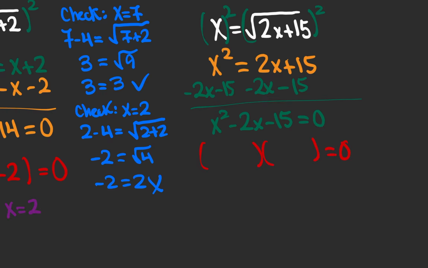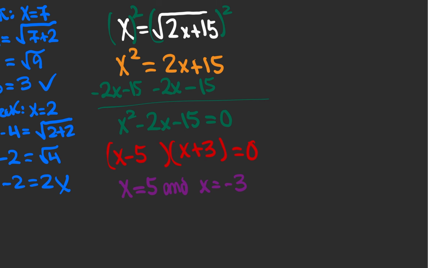Looking at this, the factors are going to be x minus 5 and x plus 3, right? And it checks out. Negative 5 times positive 3 will give you negative 15. Negative 5 plus 3 will give you negative 2. So we then set them equal to 0. We have x equals 5 and x is equal to negative 3.